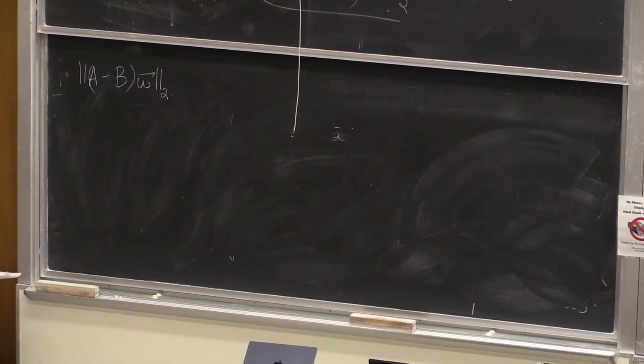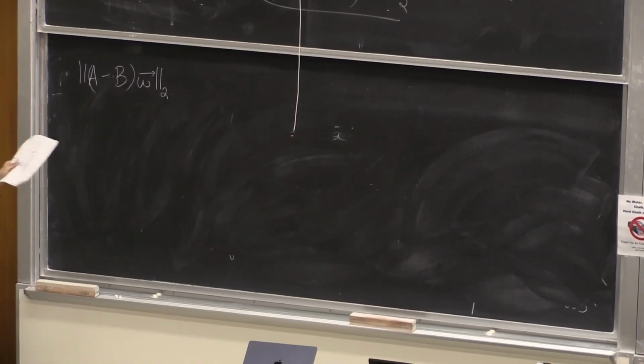And what do we know about B? B is rank K, right? And so it's embedded in a larger dimensional space. K, we're saying, is strictly less than M and N. So B has a null space. It's not that the null space of B is just the 0 vector, because if we chose W to be the 0 vector, that would not be interesting, right? Then this whole thing would just be 0.